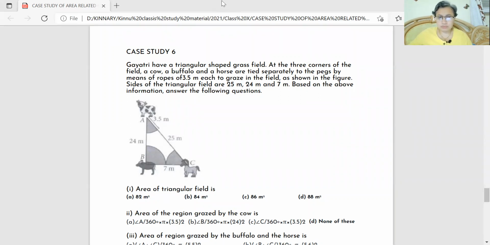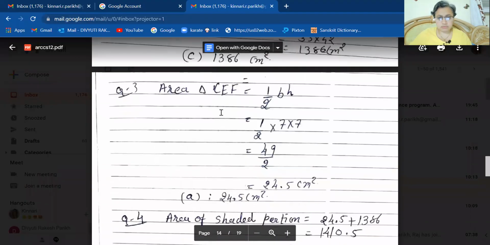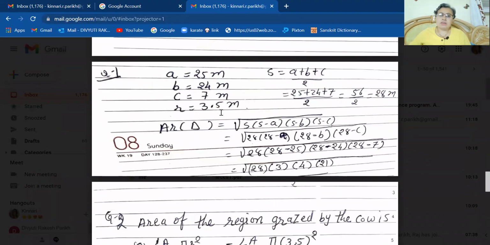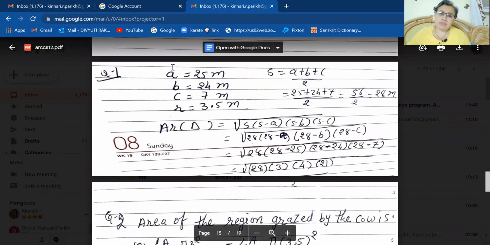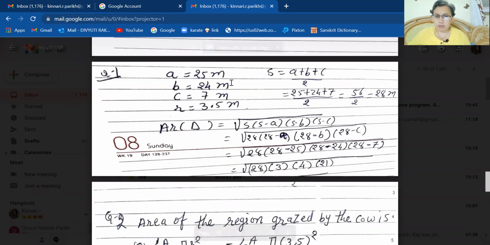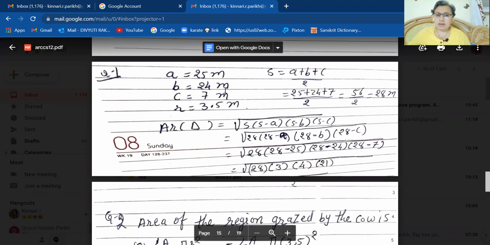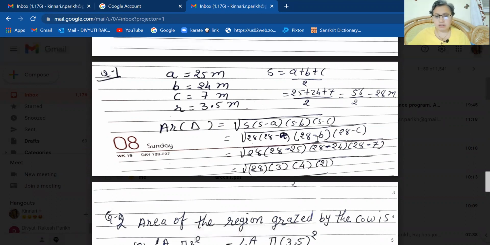As you have been given three sides only, you must apply Heron's formula. As these three sides are not equal, it is not an equilateral triangle, and as it is not a right angle triangle, only Heron's formula is the option.